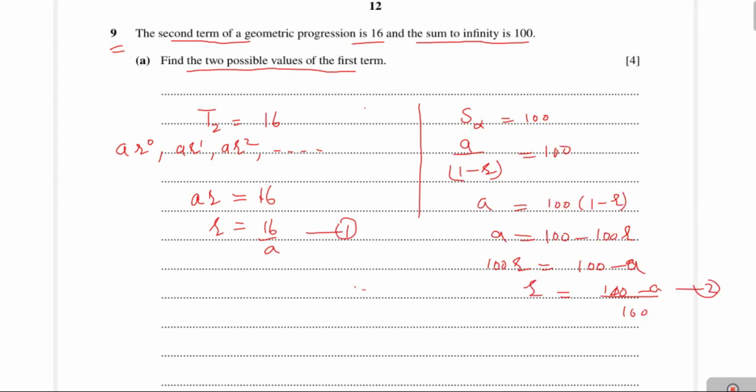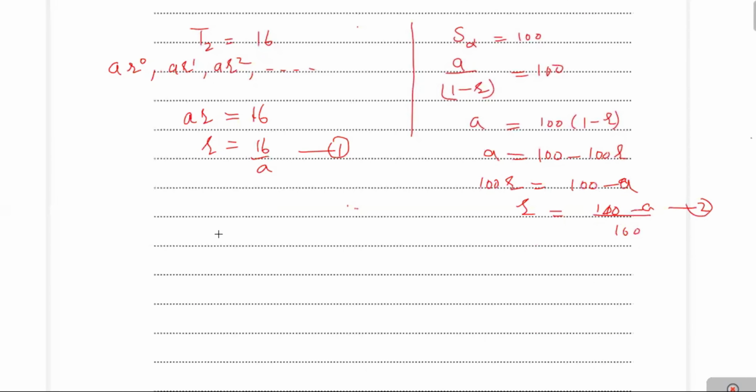That's r will be equal to 16 over a, and this r is 100 minus a over 100, and we can write it as 1600 equal to 100a minus a square, and we shift the value from the right to the left side. We get a square minus 100a plus 1600.